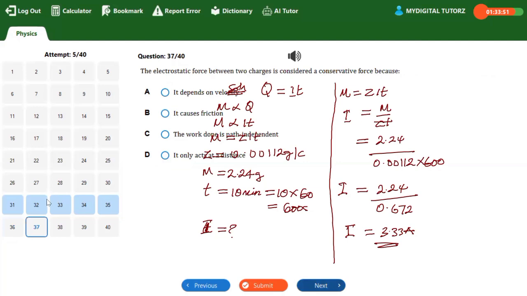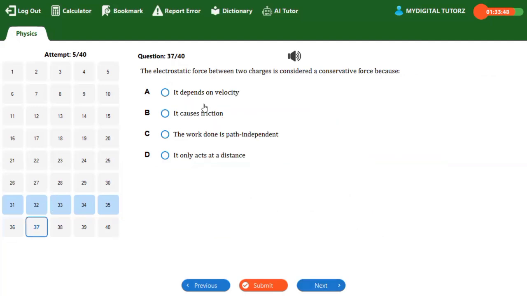Question 37 says, the electrostatic force between two charges is considered a conservative force because A, it depends on velocity. B, it causes friction. C, the work done is path independent. And D, it only acts at a distance.